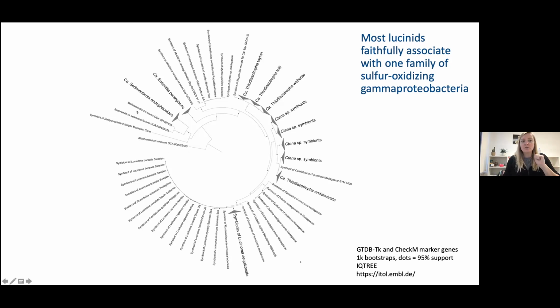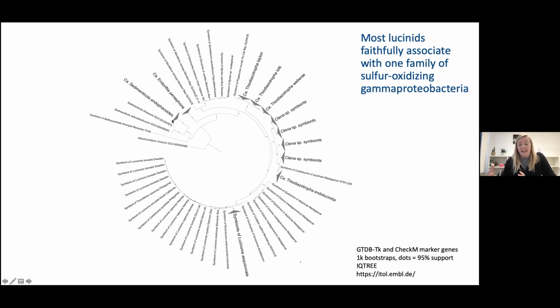There is a cultured relative of lucinid symbionts. We don't have any of them in pure culture yet, but there is a cultured relative called Sedimenticola, and it was cultured from salt marshes in the US. So they all fall into this one family.